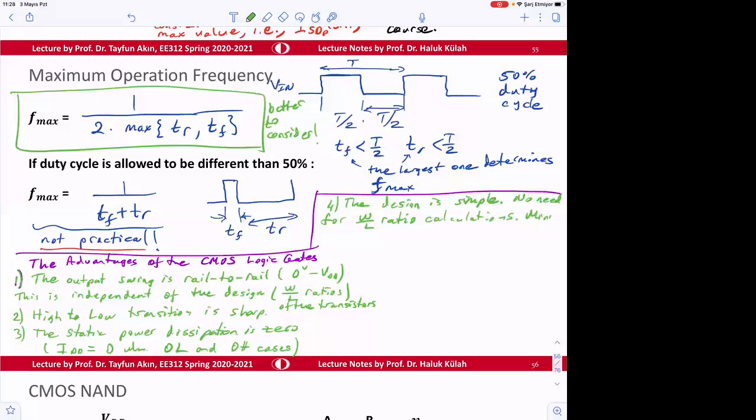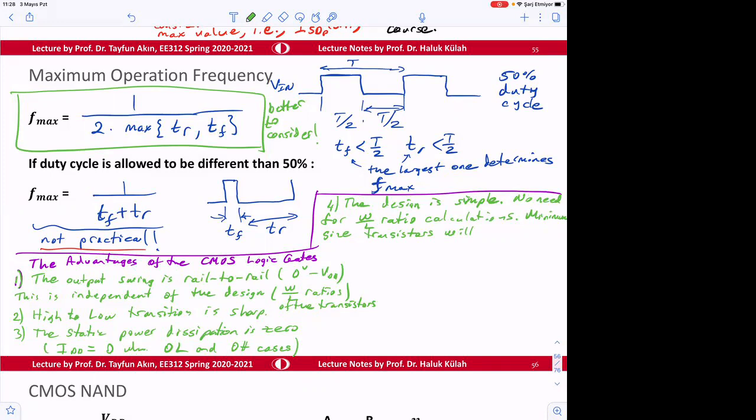Minimum size transistors will work fine.